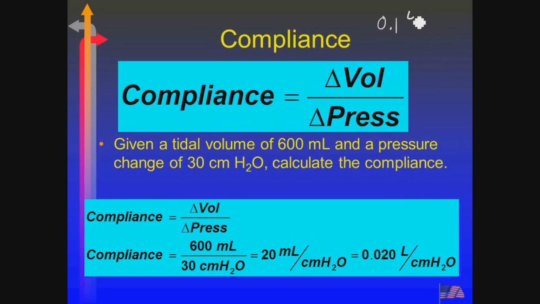Okay, liters per centimeter of water, or 100 milliliters per centimeter of water. So what could you tell me about this patient? It's low, they're stiff, right? It's going to require a lot of pressure to inflate that lung because it just doesn't want to give.